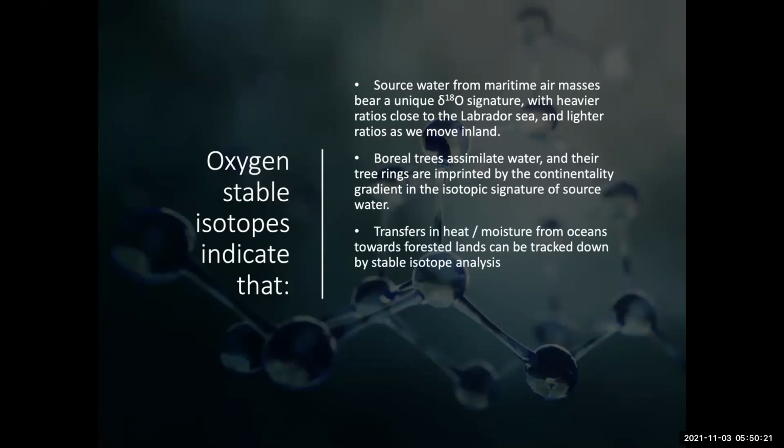So we interpret this as the fact that the ocean will transfer heat and moisture towards forested land, and that these transfers can be tracked down and will be proportional to the ratios of tree ring cellulose, which is clearly driven by differential source water assimilated by the trees.